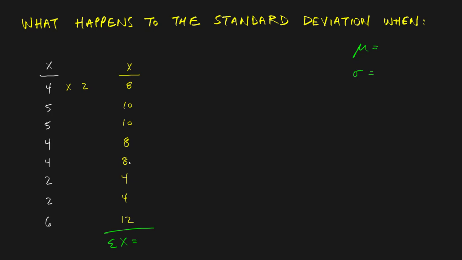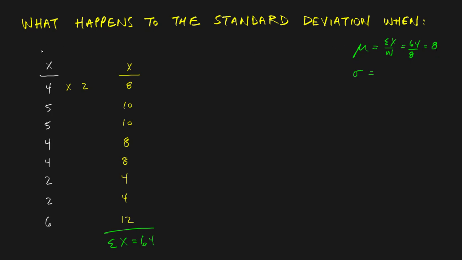And then I'm going to have 48, 64. So 64. This is going to be the sum of x over n. 64 over, we still have 8 values. And so the answer here is 8.